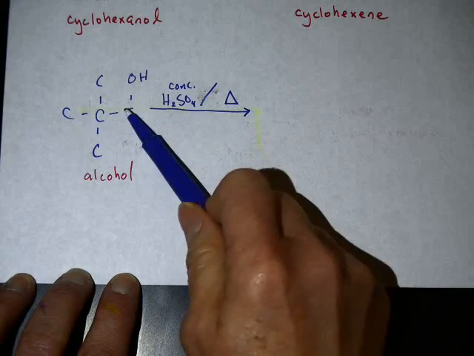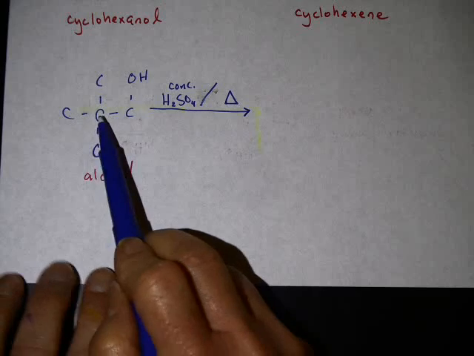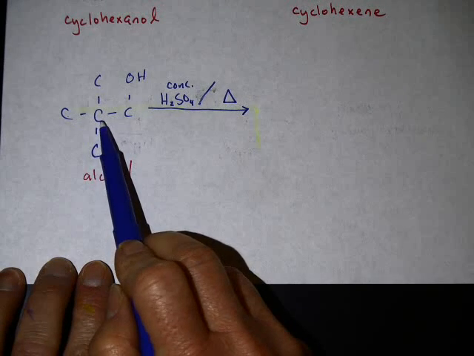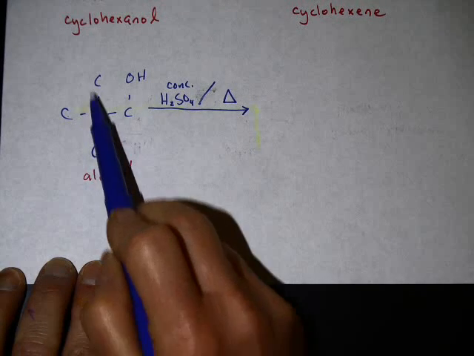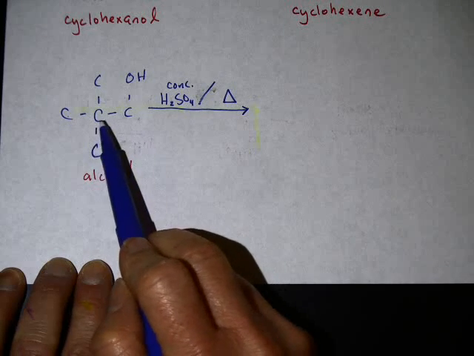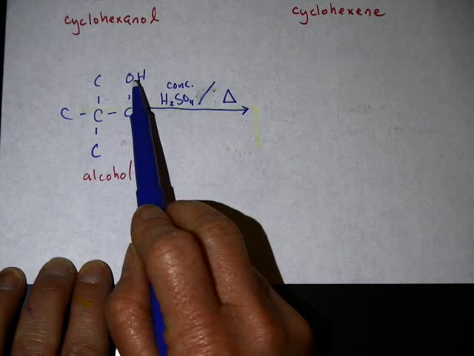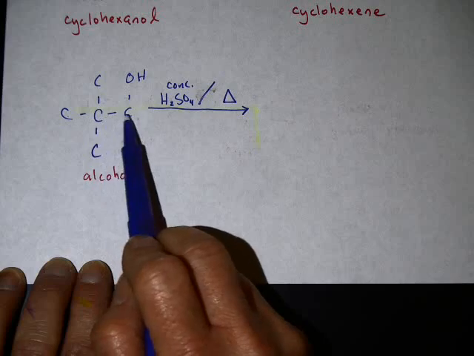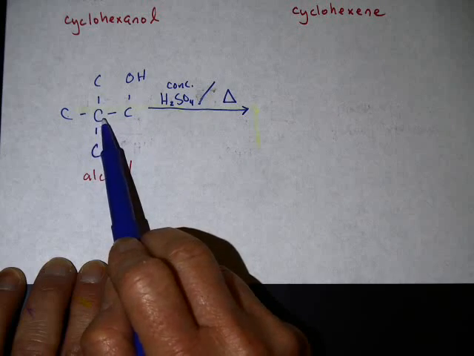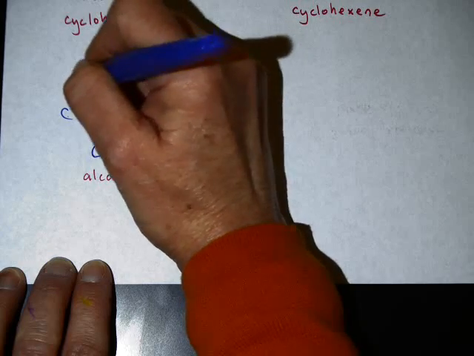I have an OH on this carbon, but the carbon next door, which is right here, doesn't have any H's. It's using all 4 of its bonds to other carbons. There is no H on this carbon. So I would not be able to take off this OH and an H on the next door carbon because there is no H on that carbon. There are H's here, of course.